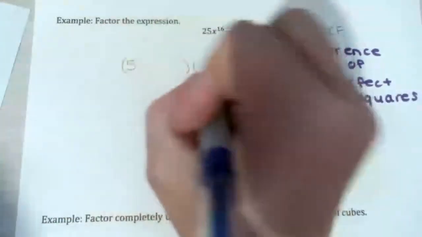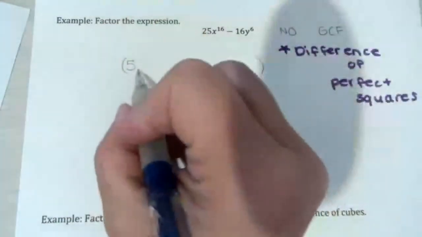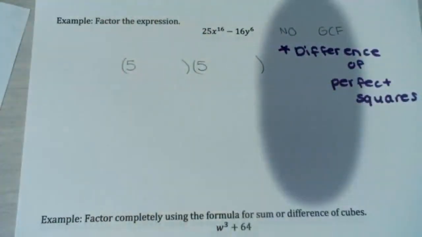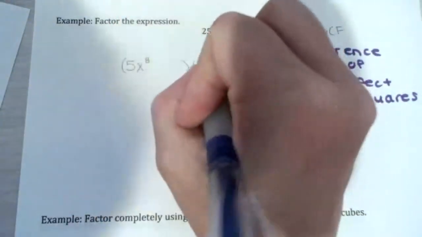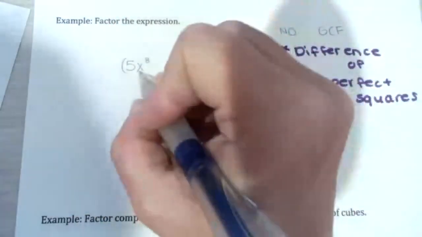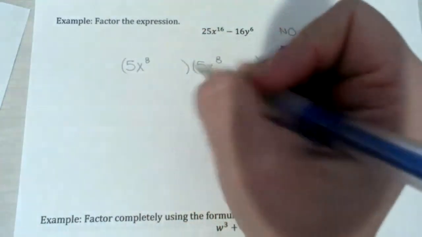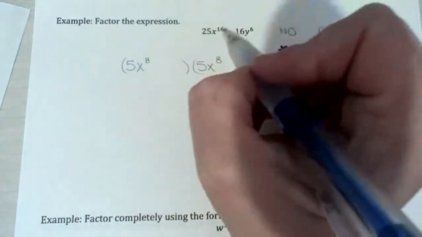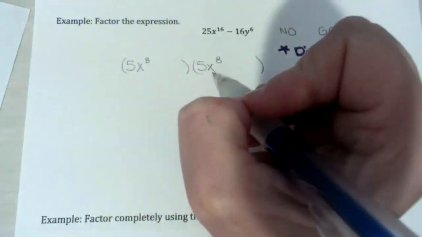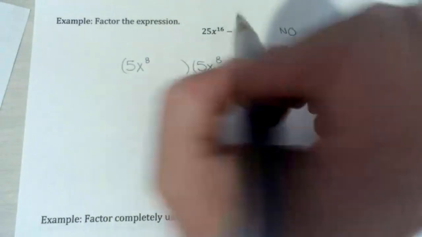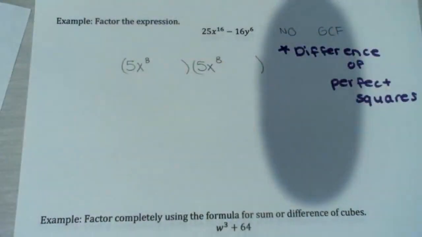We know 25 is 5 times 5. And remember, whenever you multiply these two together, you're going to add the exponents. So what plus what would give us 16? And I want it to be the same thing on both. So x to the 8th times x to the 8th. Because 5x to the 8th times 5x to the 8th, 5 times 5 is 25. X to the 8th times x to the 8th, you add your exponents and that gives you x to the 16th power.